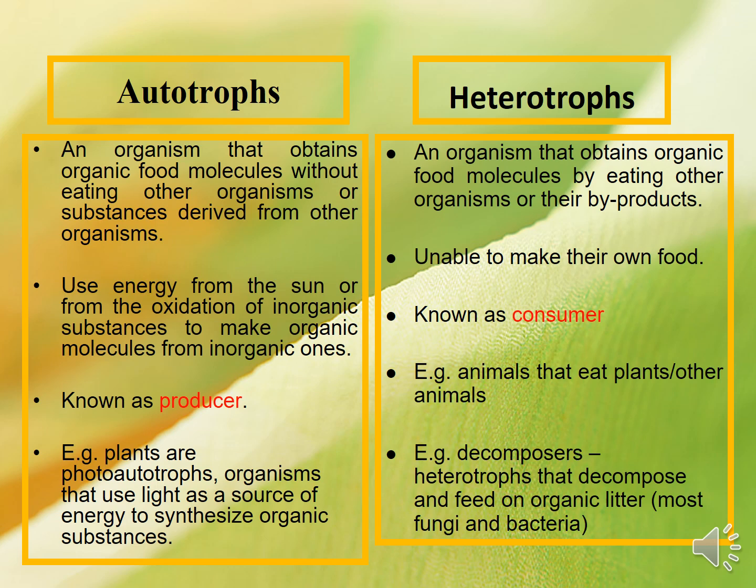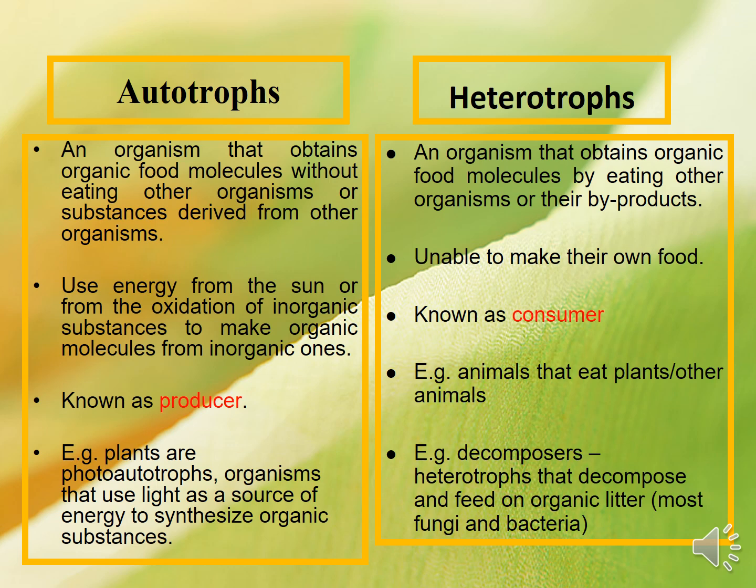Okay, so of course the group of autotrophs are plants or other phototrophs that I mentioned in the previous slide, like algae or cyanobacteria. Different from the heterotroph, which is an organism that obtains its organic food by eating another organism, and they do not make their own food.